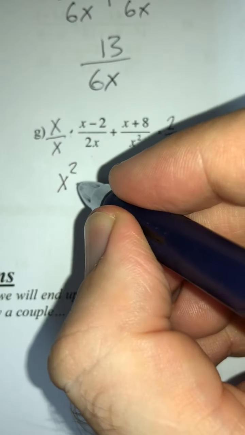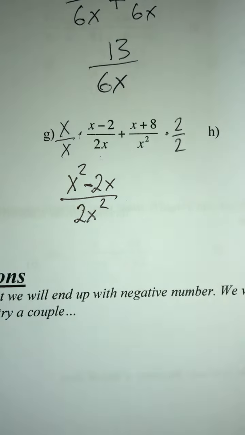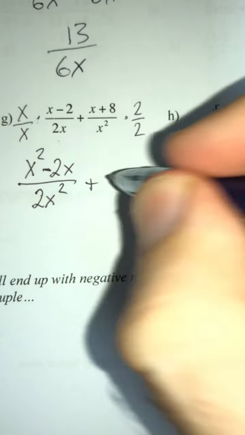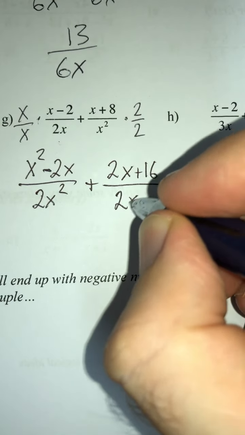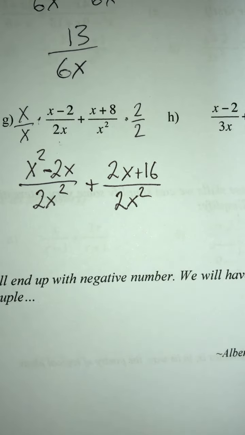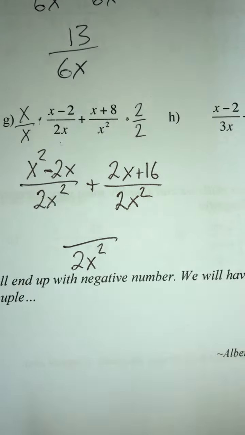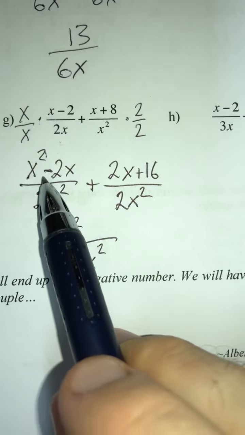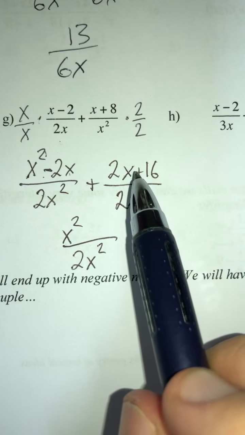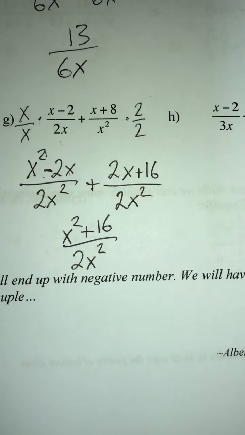So I get x squared minus 2x all over 2x squared plus 2x plus 16 all over 2x squared. We can combine these fractions together. So put them over the same denominator. There's no x squared here, so I get x squared minus 2x plus 2x, so those cancel out, plus 16. So there you go. That is going to be your final answer for this.